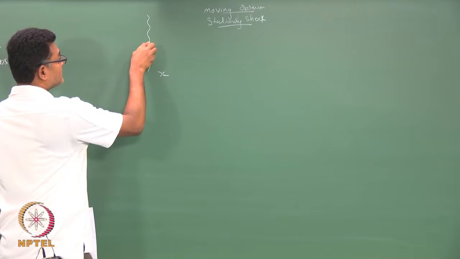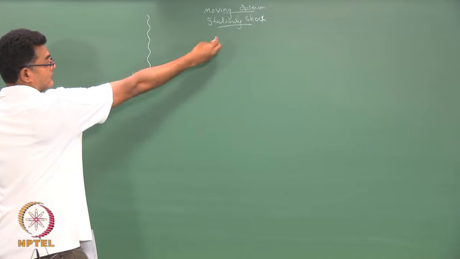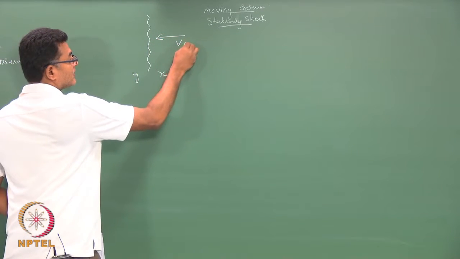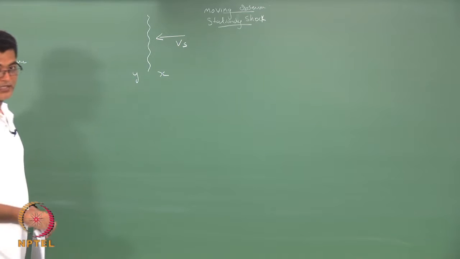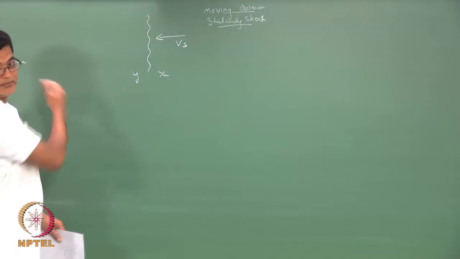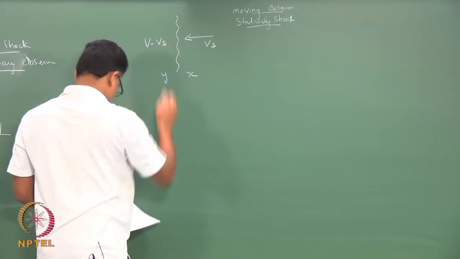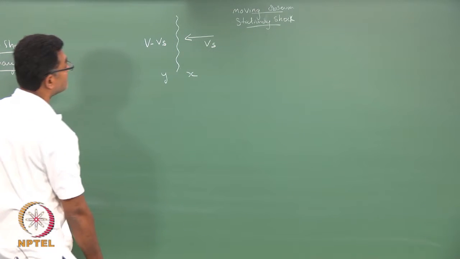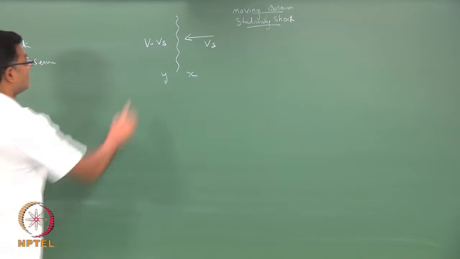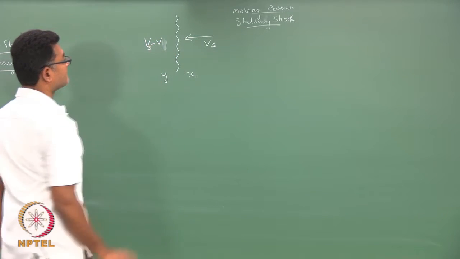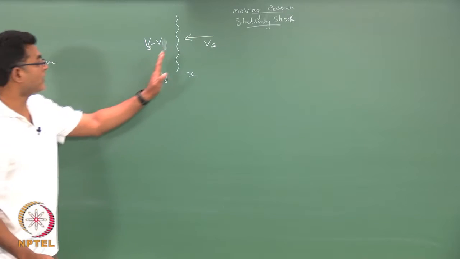If you are an observer standing on the shock, I would see the fluid approaching me with a velocity Vs, and I would see the fluid behind me receding at V minus Vs, or Vs minus V. I am moving along with the shock.